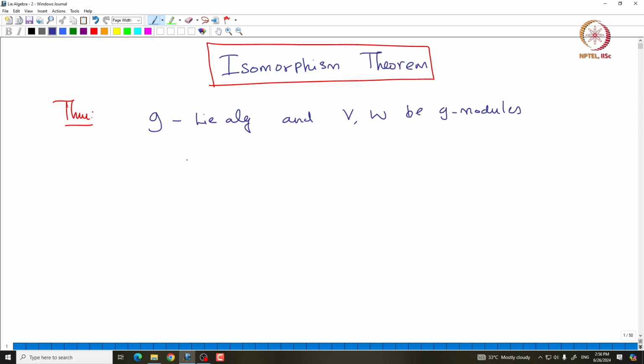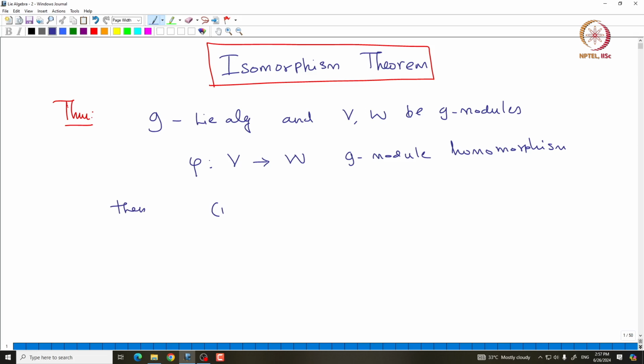Let us say we have a Lie algebra module homomorphism phi from V to W. So, this is a G module homomorphism. Then, this is the given data.